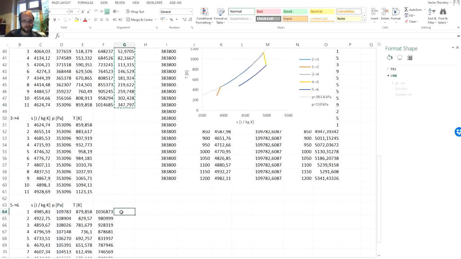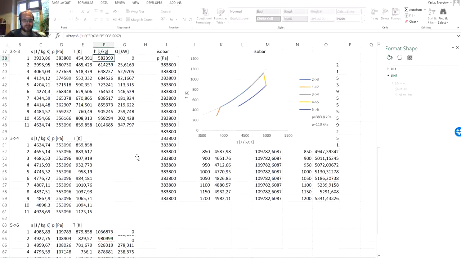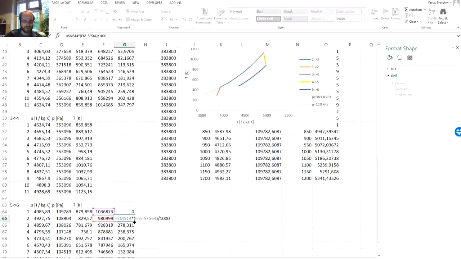So again, the first point is 0, while for the next elements of the heat exchanger we have the mass flow rate, which stays the same, multiplied by the enthalpy difference between the given point and the beginning of the heat exchanger.